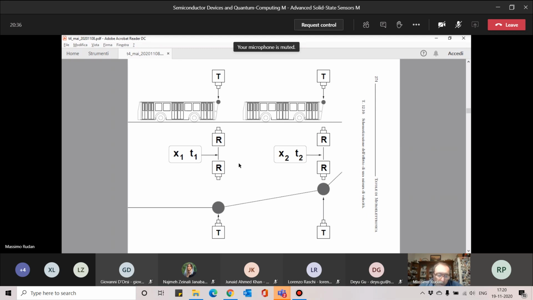But in order to do so, we should know exactly the initial condition of the motion, not only of the tennis ball that is ejected by the transmitter, but also the tennis ball that we want to measure, okay? So it is like a recursive reasoning back to infinity, okay?